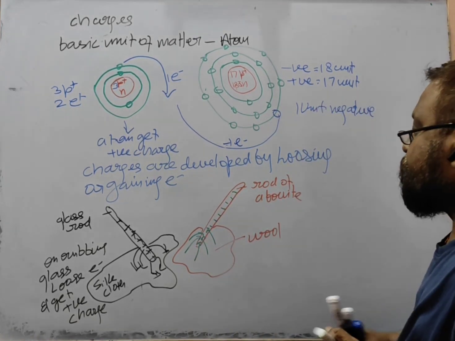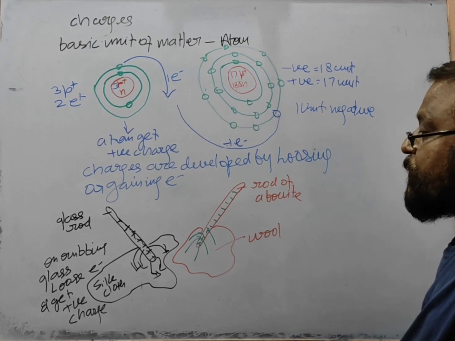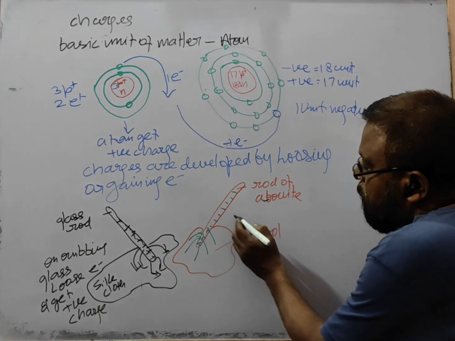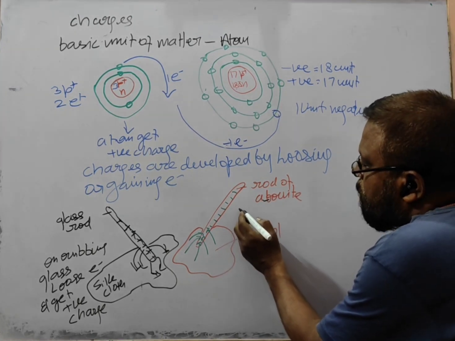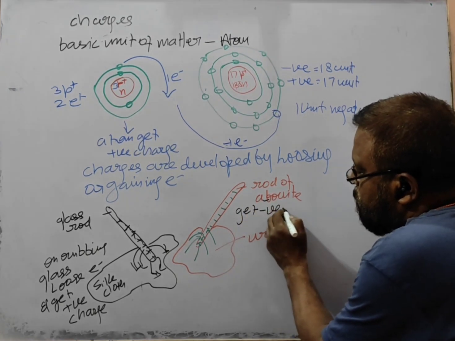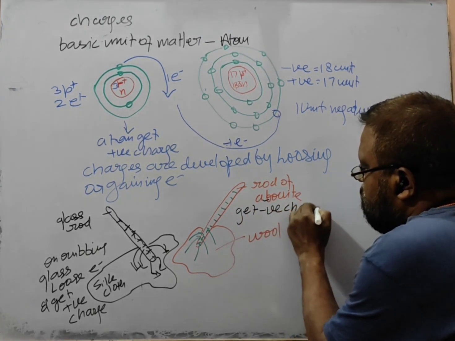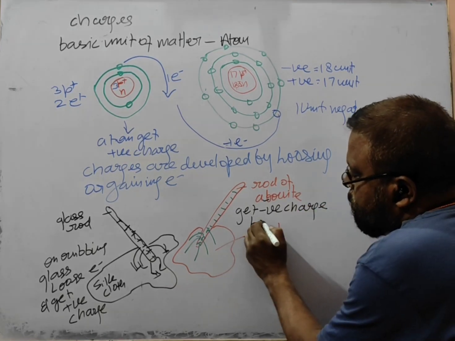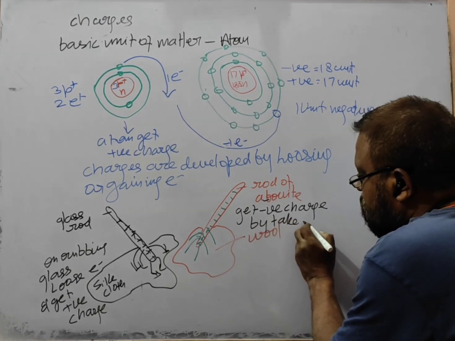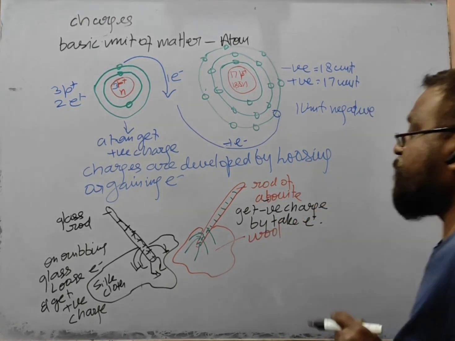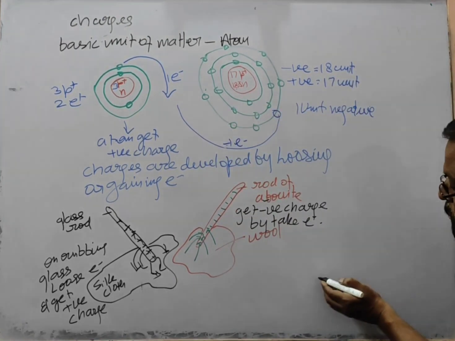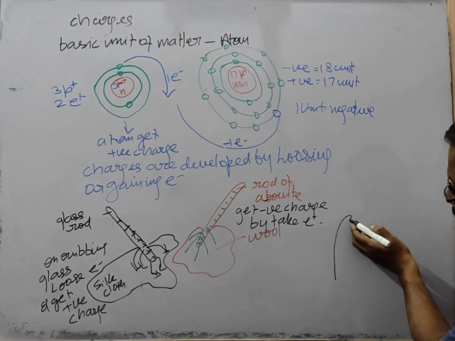So this ebonite rod gets negative charge by taking electrons from wool.